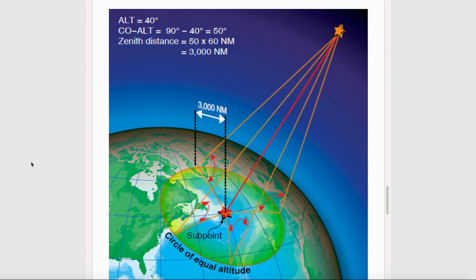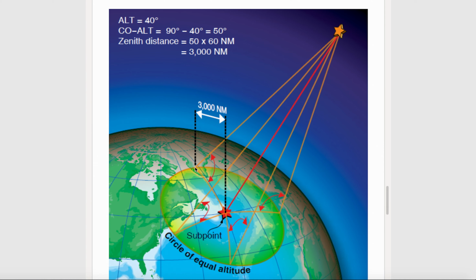Okay, this is a depiction of a circle of equal altitude, as you can see here on a globe earth. As you can see, this circle is on a spherical surface, and this is the sub point or GP of this star, right? So this is the zenith of the star, right there.